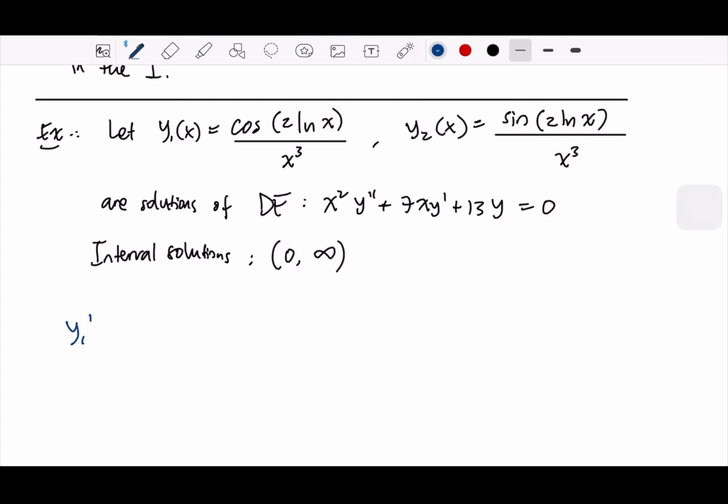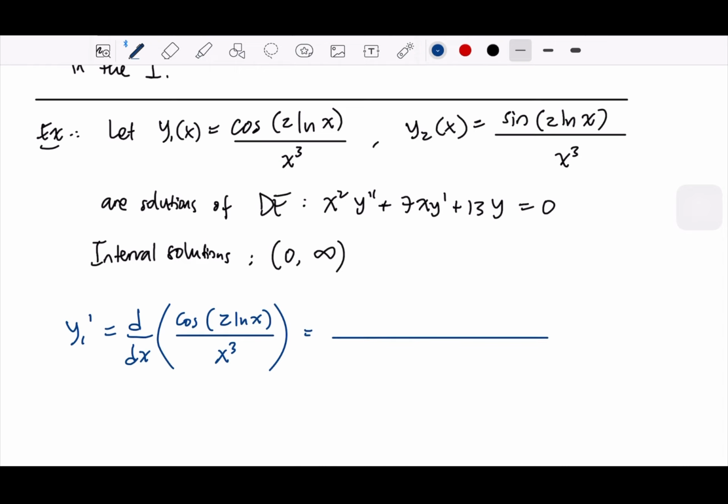y1 prime. So we are going to differentiate the cosine. I hope you still remember your calculus one. This is a quotient rule, so I will directly take the square on the bottom.